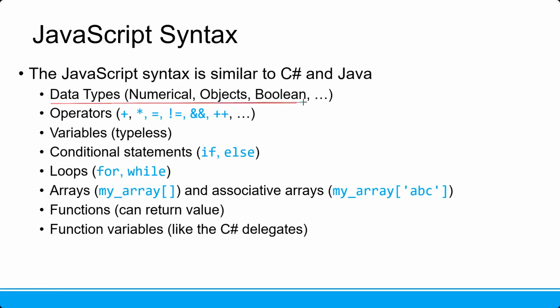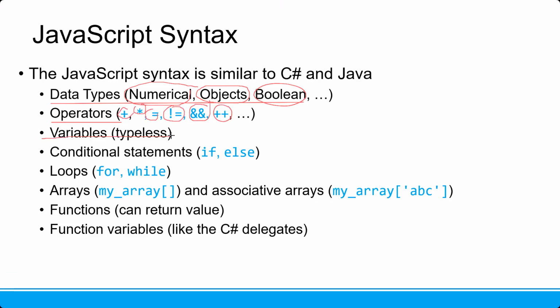For example, the data types in JavaScript: we have numerical, objects, Boolean, and there will also be operators, same as in other programming languages. We have plus, multiply, equal, not equal, and so on.